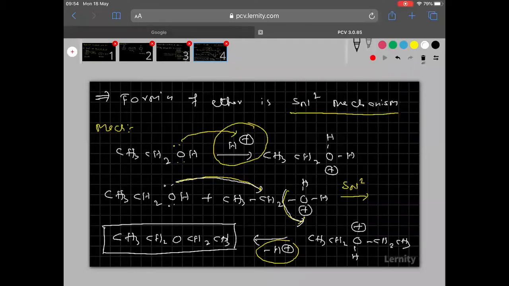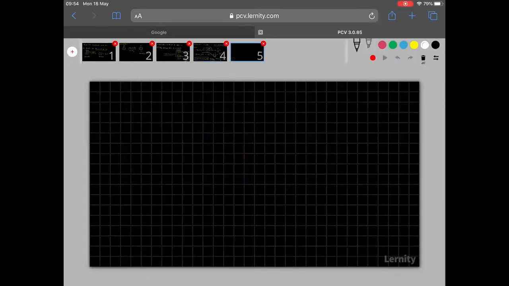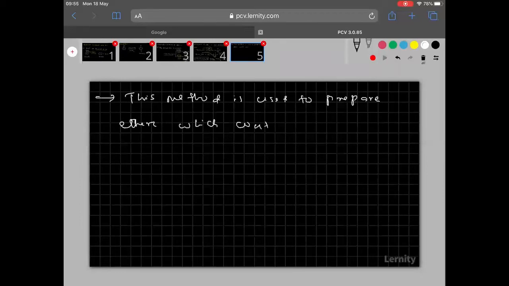Now, regarding this mechanism, there are 2-3 important things I want to discuss. Let me mention clearly: this method is used to prepare ethers which contain primary alkyl groups.